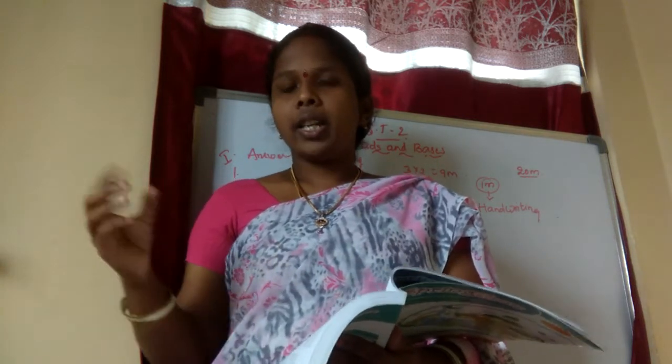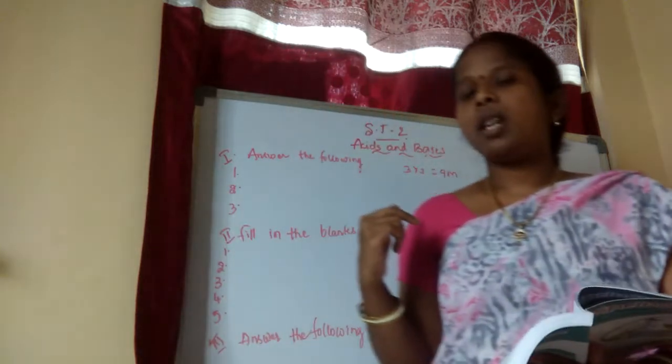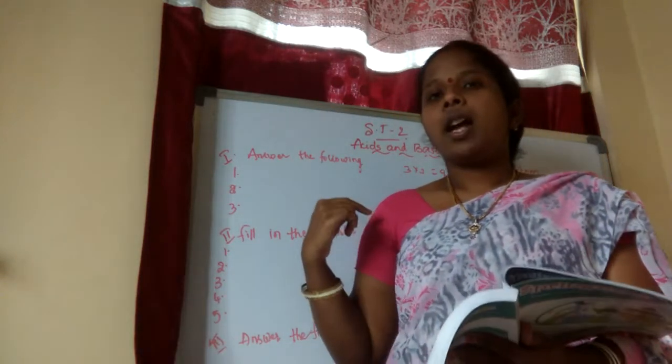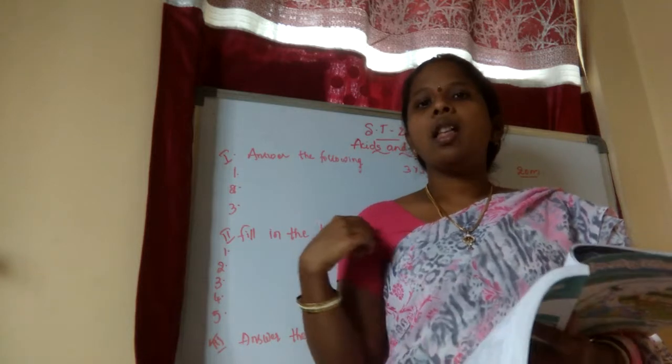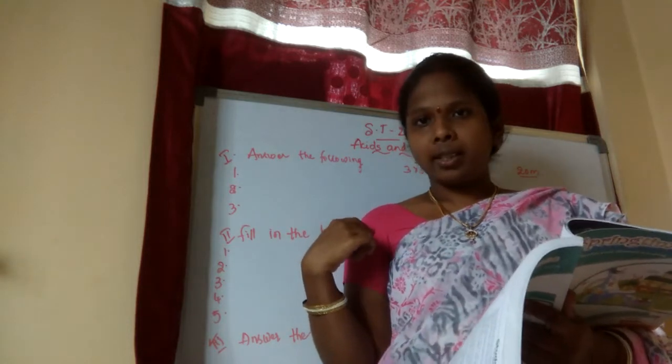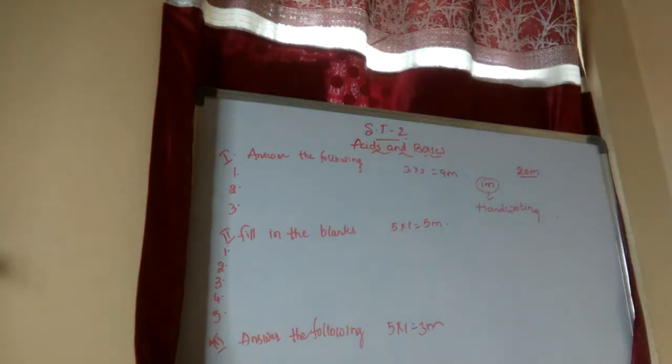And there are examples for the natural indicators; you have to write the names of the natural indicators. So you have to explain what a natural indicator is and write the examples.